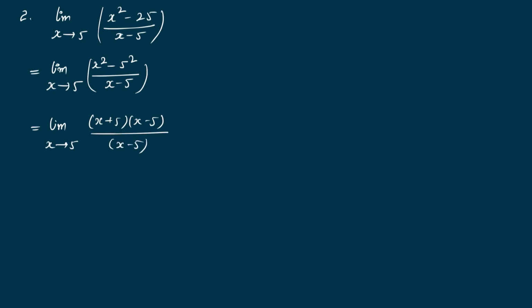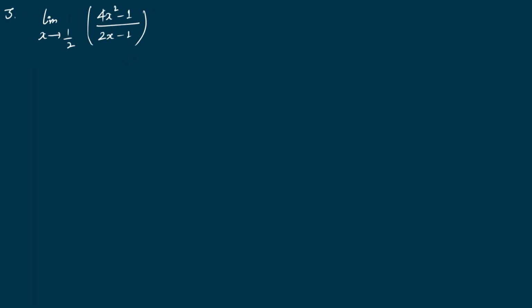As you can see here, x minus 5 and x minus 5 get cancelled out, so we will be remaining with limit x tends to 5, x plus 5. Now if I put the value of x as 5, we will have 5 plus 5. So the answer for this question is 10.